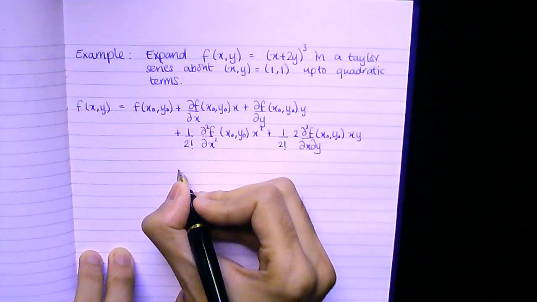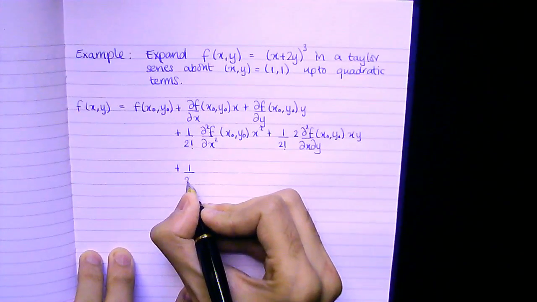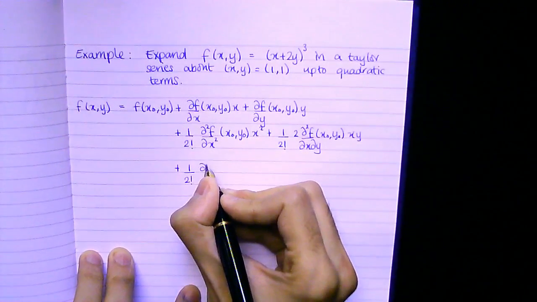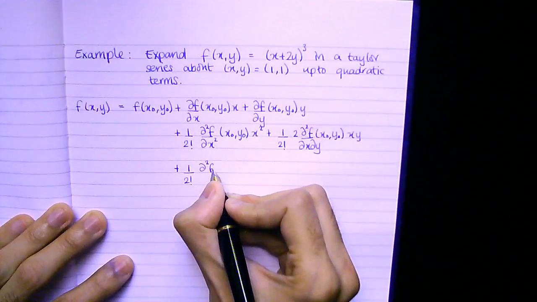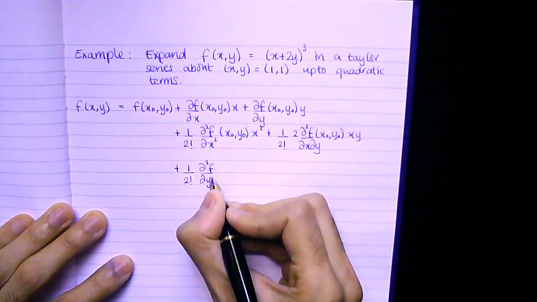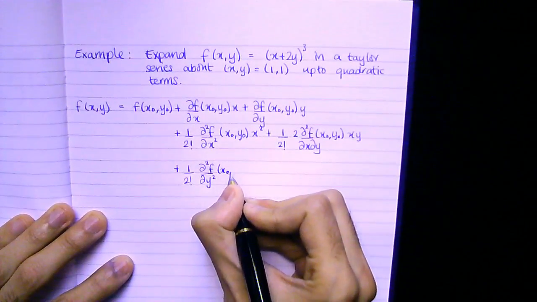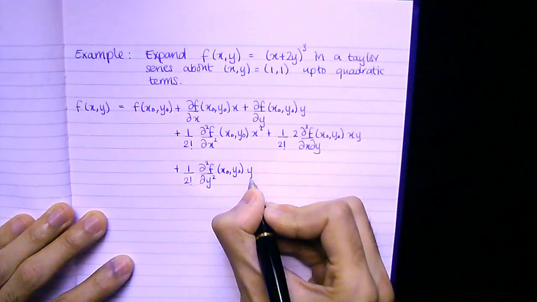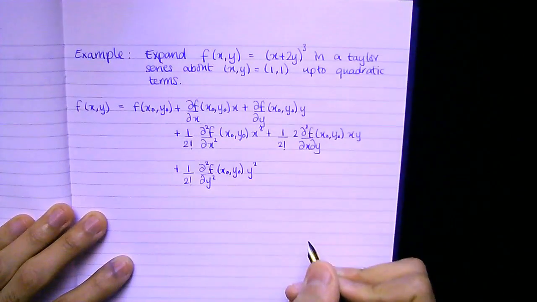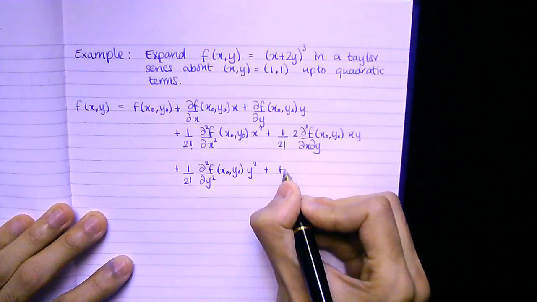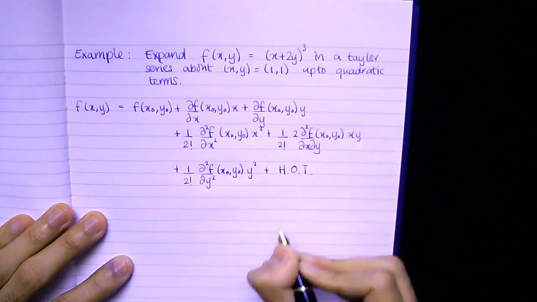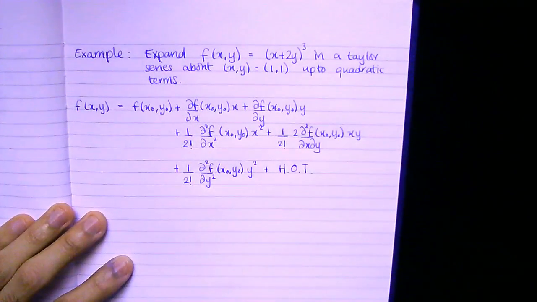And the last term of the quadratic cases is this. And then we have higher order terms. Okay, so that's the Taylor series expansion.